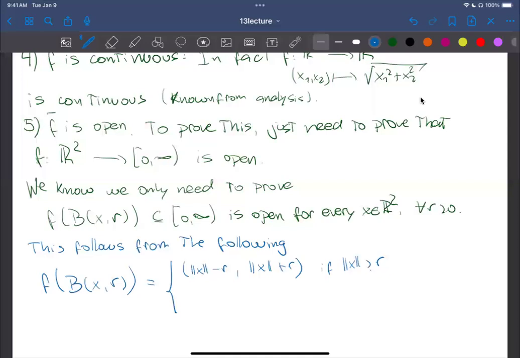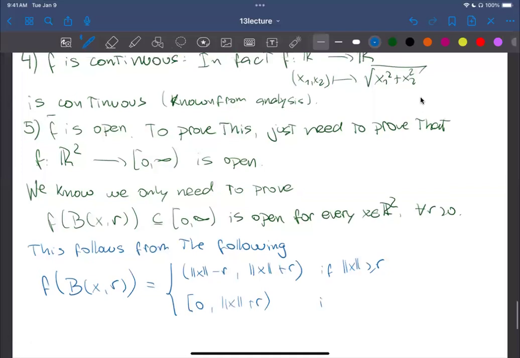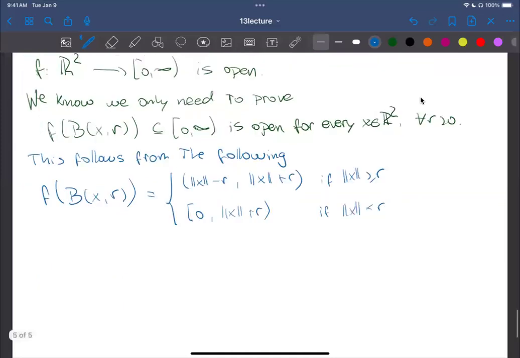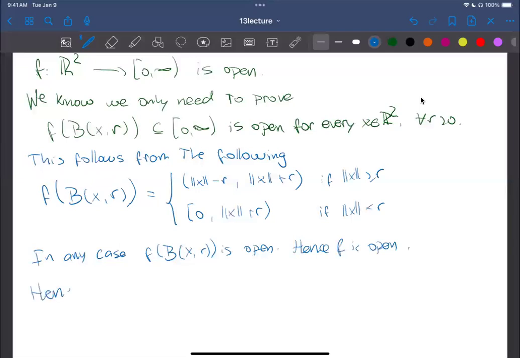So this is for norm of x bigger than or equal to r. And otherwise, namely if norm of x is less than r, it's going to be 0, norm of x plus r, so same right extreme. But in any case, the ball is going to be mapped into an open set. Hence, f is open. And by our theorem, also is f bar.